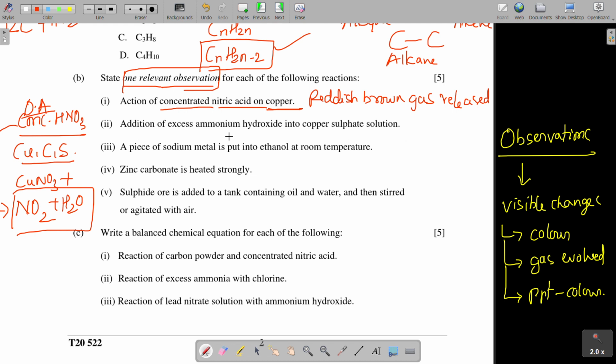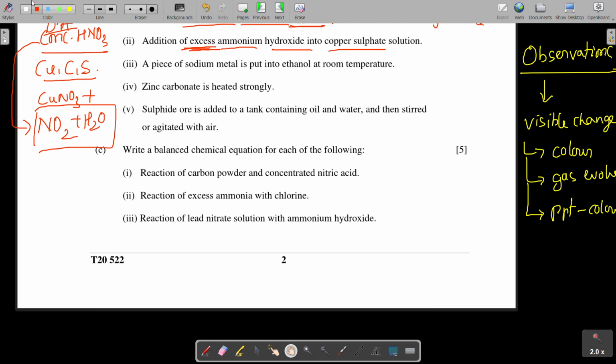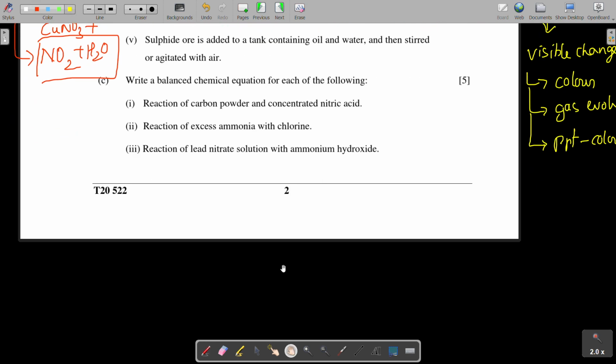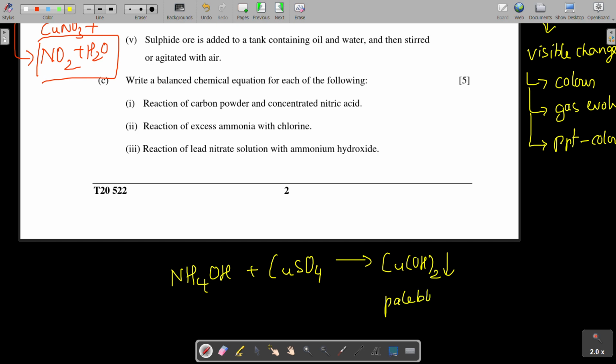Next, addition of excess ammonium hydroxide into copper sulfate solution. This is a part of analytical chemistry, so you need to remember the color of the precipitate. But here remember, addition of excess, right? So what is there? Ammonium hydroxide and copper sulfate. Initially it forms copper hydroxide, which is a pale blue precipitate.